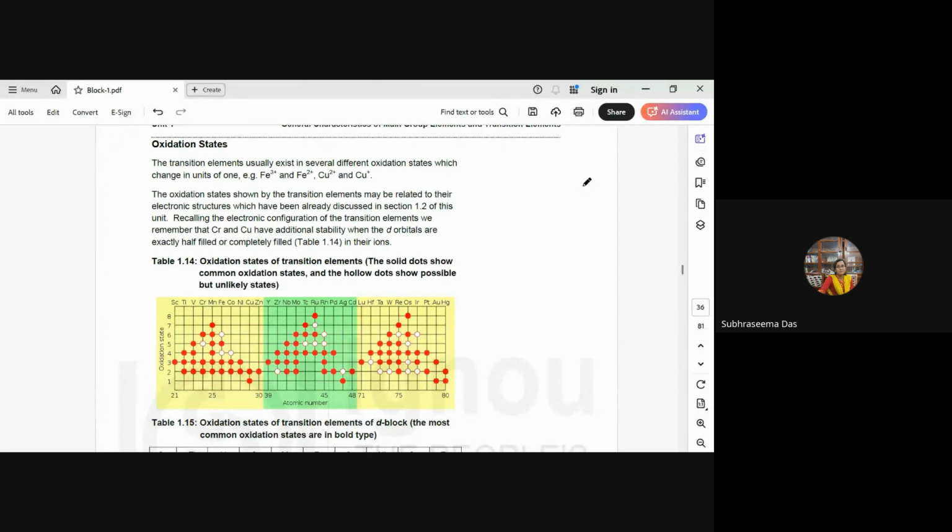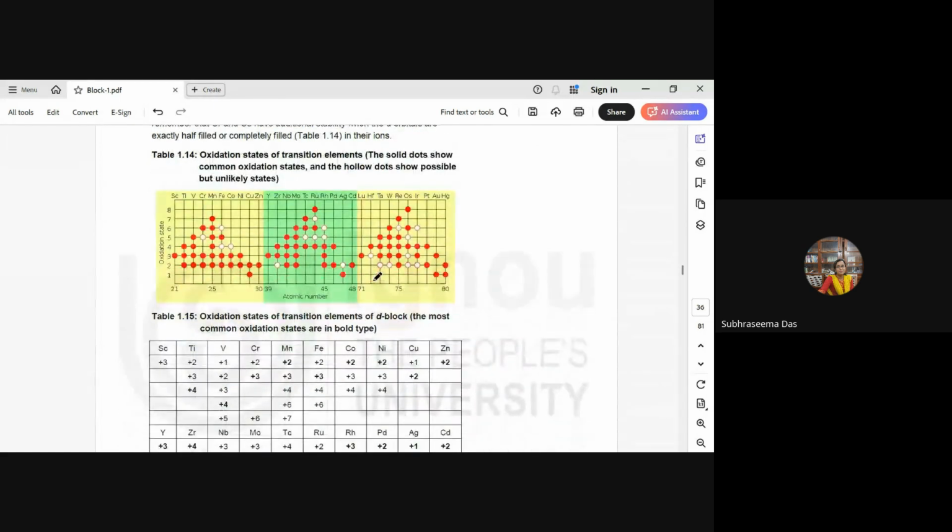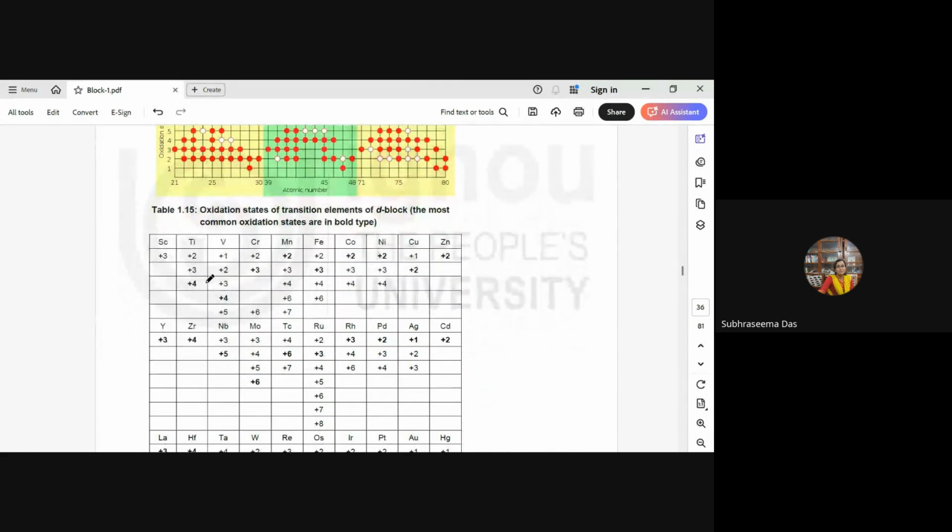When we look into the electronic structure, we can look at the number of d orbitals present in them. By giving up different numbers of d electrons, they show variable oxidation states. For example, in table 1.5, we will consider chromium.